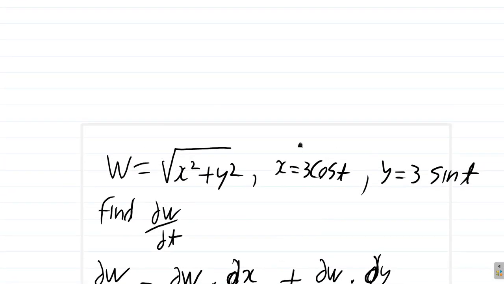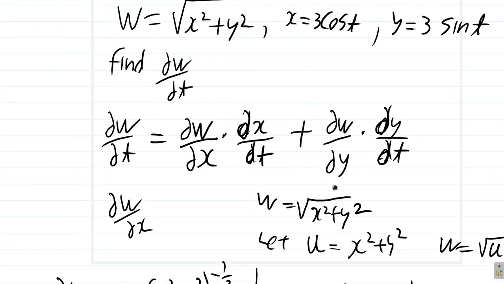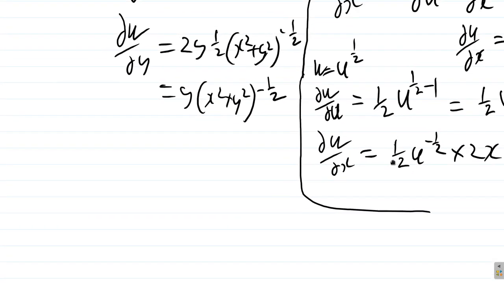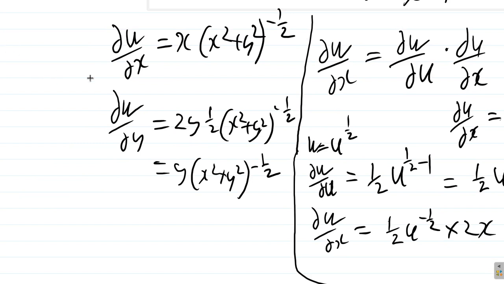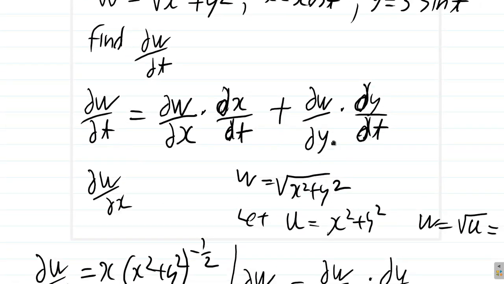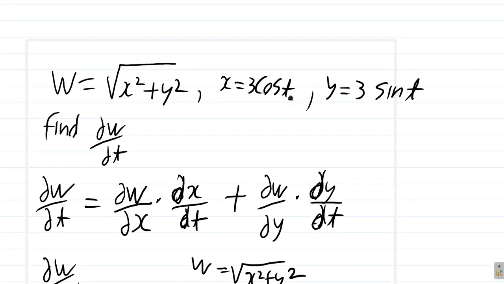Alright. You need delta x by delta t now. So partial x by partial t would be what? Well, when you differentiate cos, you get negative sine. So partial x by partial t would be negative 3 sine t.